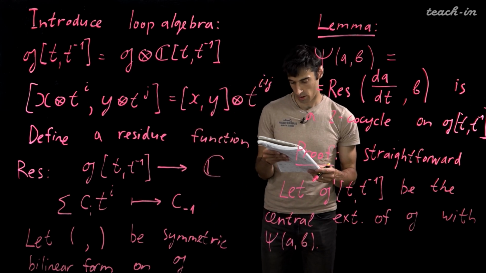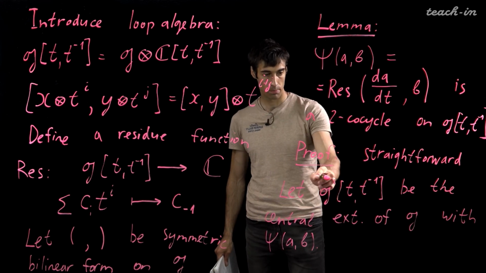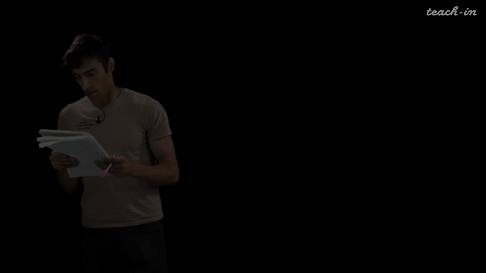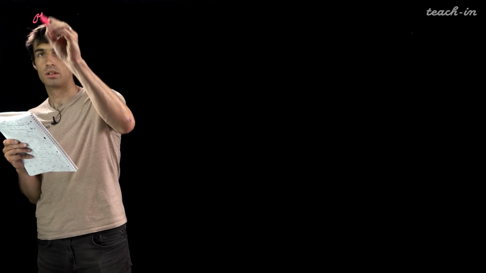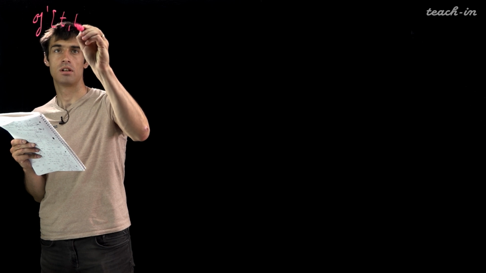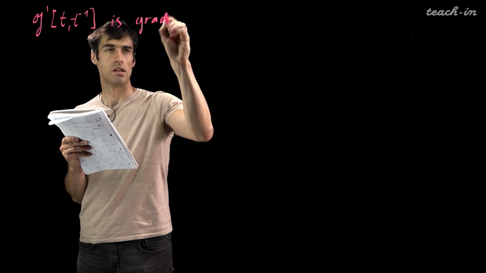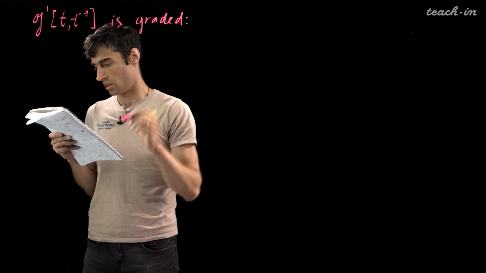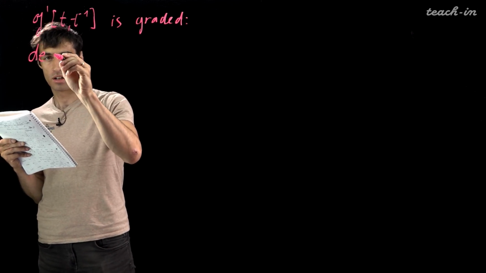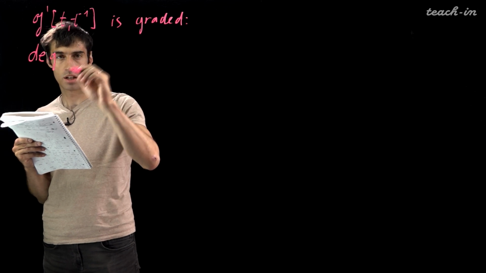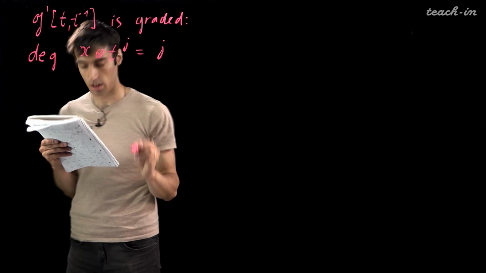Then I can also say that g prime t inverse is graded. So what is the grading? Our central extension is graded by the following rule: the degree of such an element x tensor t to the power j is j.